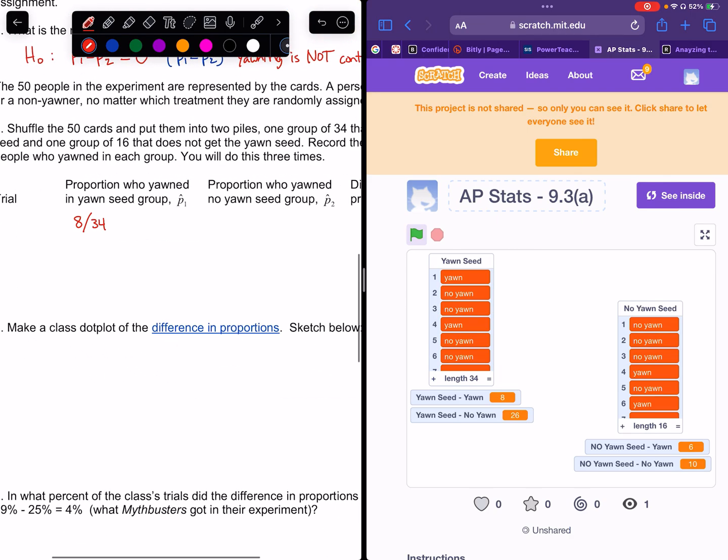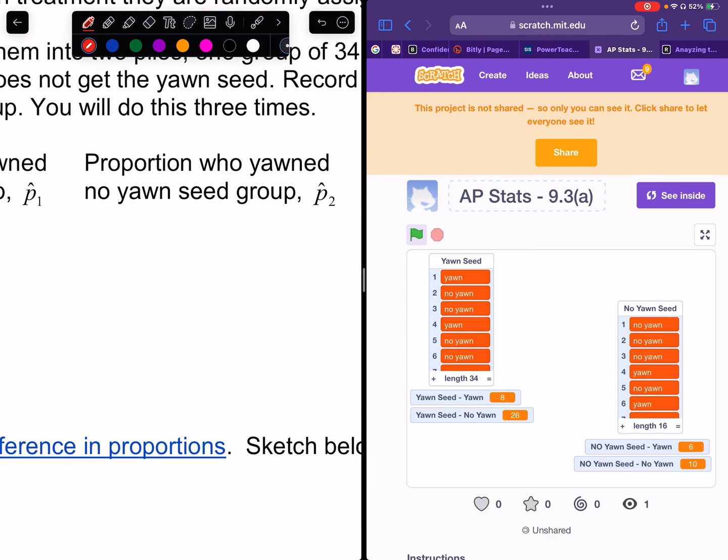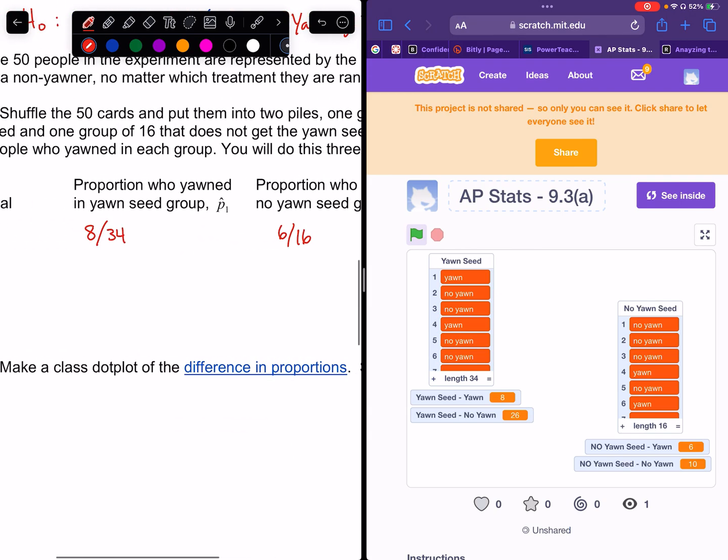The proportion who yawned but were not in the yawn seed group were 6 out of 16. And so we're going to go ahead and calculate those really quickly. I'm going to do that off screen, sorry, but just put that into your calculator.